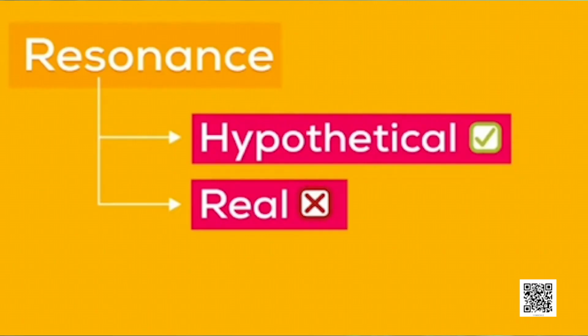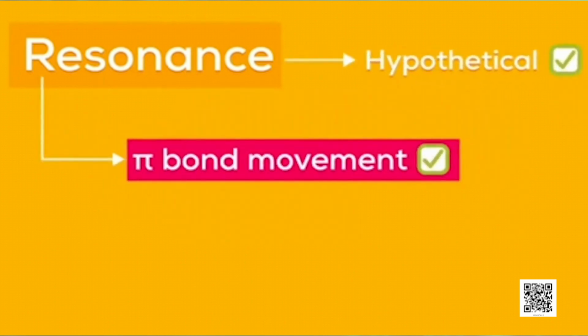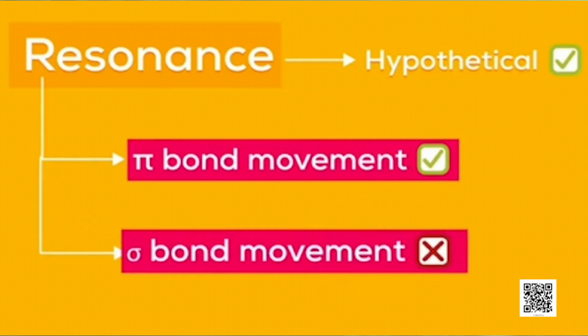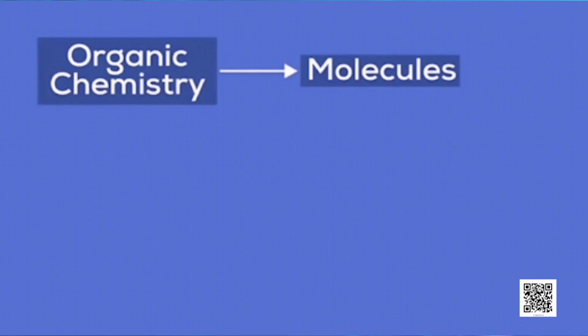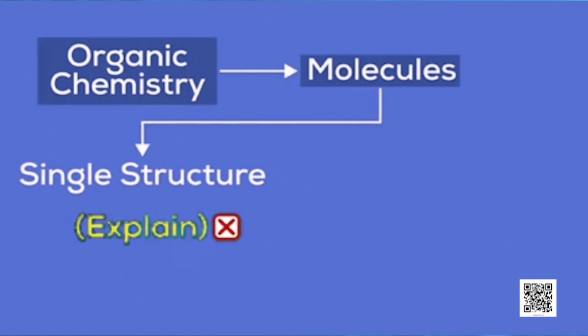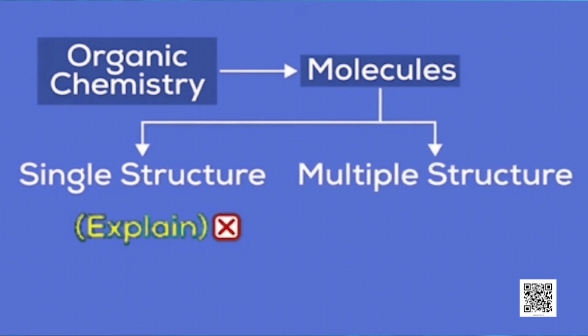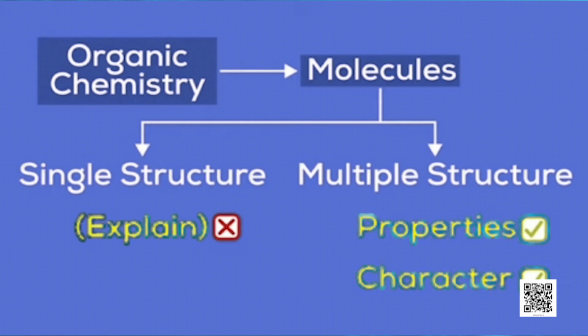Resonance or the mesomeric effect is the hypothetical phenomenon involving delocalization of pi electrons by the substituent or the functional group. Many organic molecules cannot be represented by a single Lewis structure. In turn, they are assigned more than one structure called canonical forms to explain their character and properties.